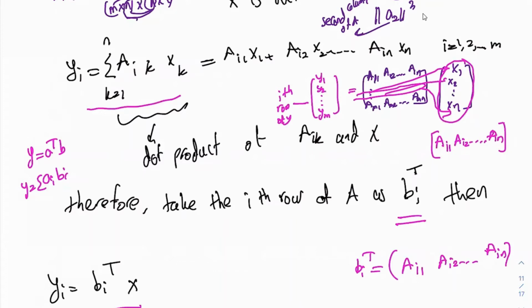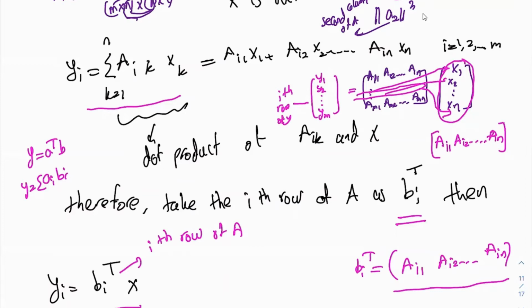So remember, we usually define vectors as column vectors, and that's why we write bi transpose, because this is a row vector. So this one is the ith row of A. So one way to define a matrix vector product is in terms of the dot product of two vectors: the rows of A and the column vector x.